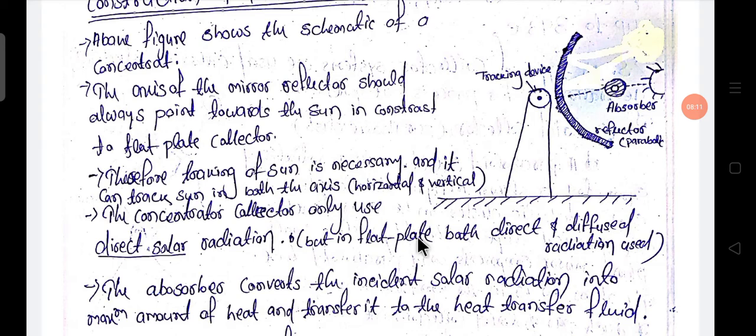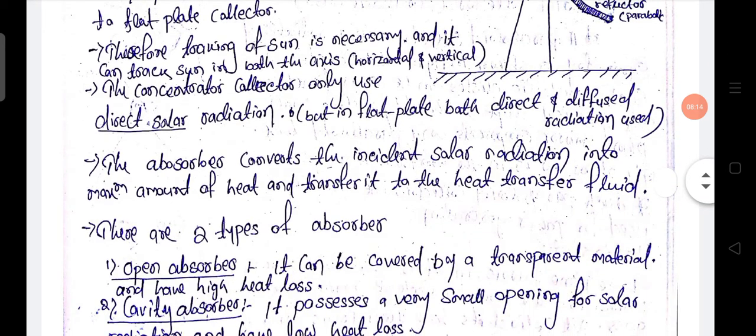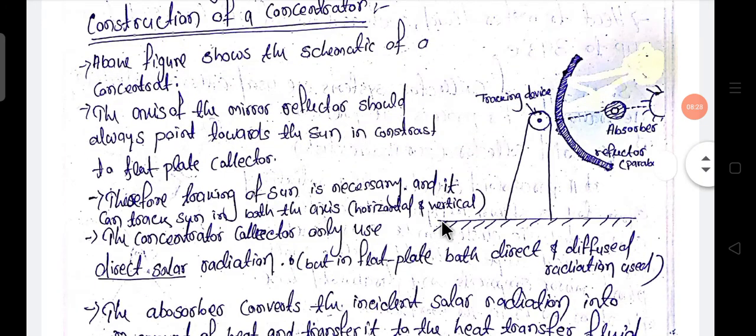Okay, the absorber converts the incident solar radiation into a maximum amount of heat and transfers it to the heat transfer fluid. That means this absorber has a pipe-like structure.